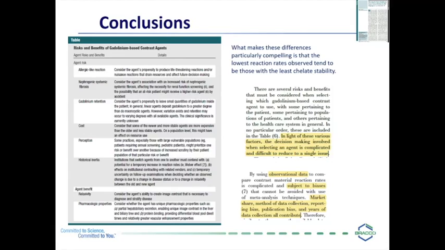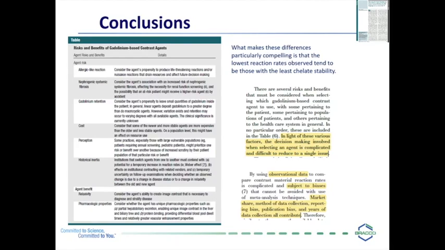There are several risks and benefits that must be considered when selecting which GBCA to use, with some pertaining to the population of patients, some to the characteristics of the GBCAs, and others pertaining to the healthcare system in general. You can see them in the table from this interesting paper by Davenport. In light of these various factors, the decision-making involved when selecting an agent is complicated and difficult to reduce to a single issue.